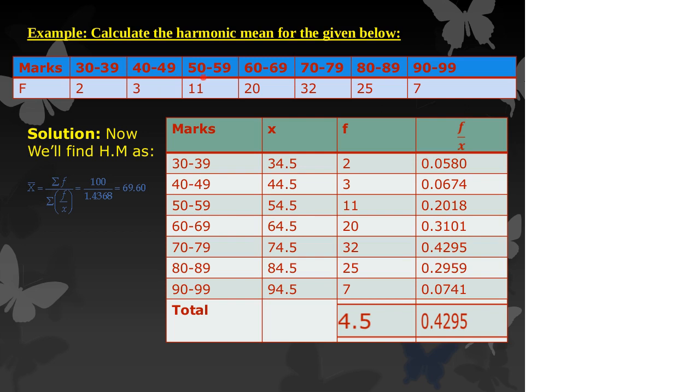Then we have 50 plus 59, that's 109 divided by 2. So who is able to do that? Do we have midpoints? Guys, are we able to come up with midpoints?